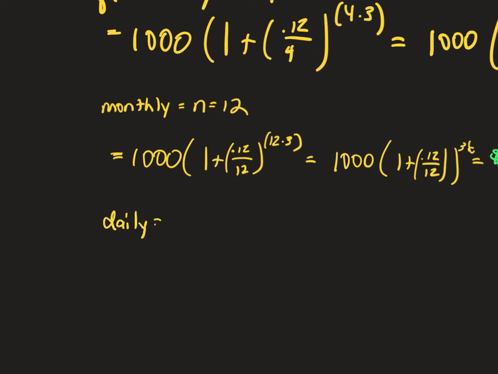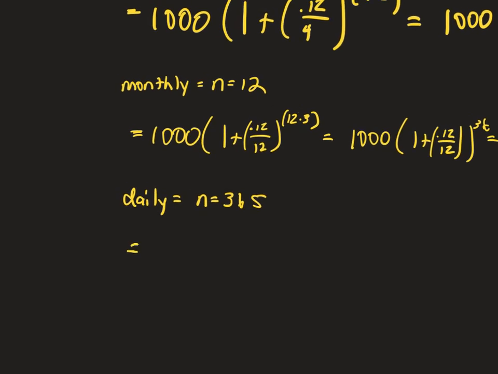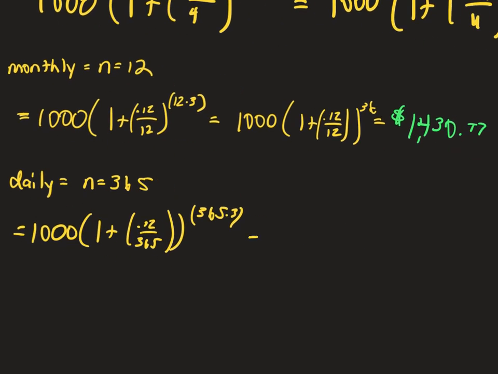And now I'm going to compound daily. How many days are in a year? 365. So I have 1,000 times 1 plus 0.12 over 365. And I'm going to raise that to the 365 times 3. This is why I think you should most definitely simplify your exponent before you put it in your calculator.